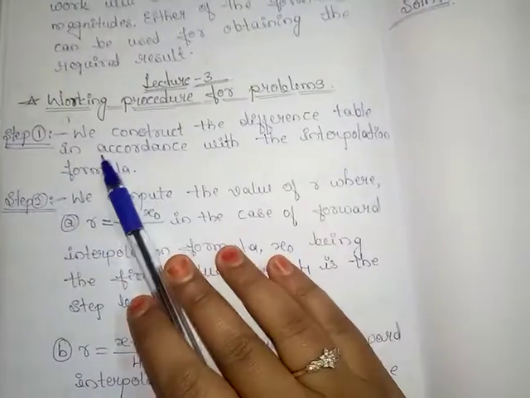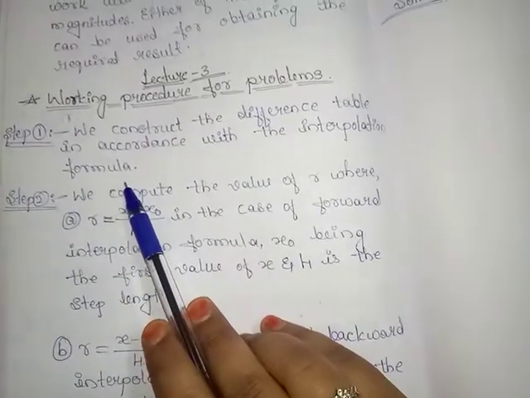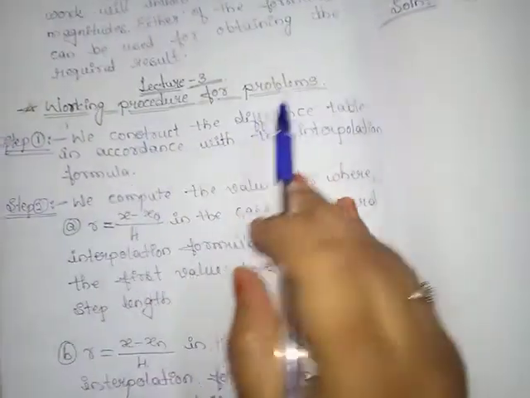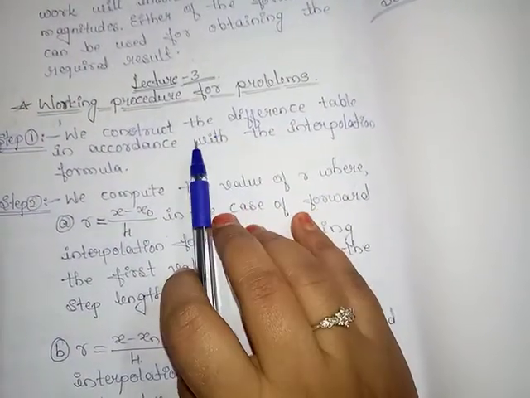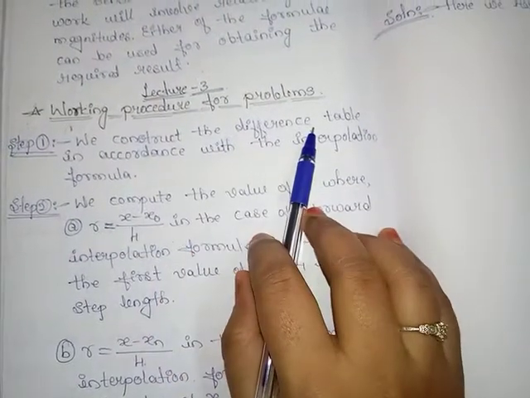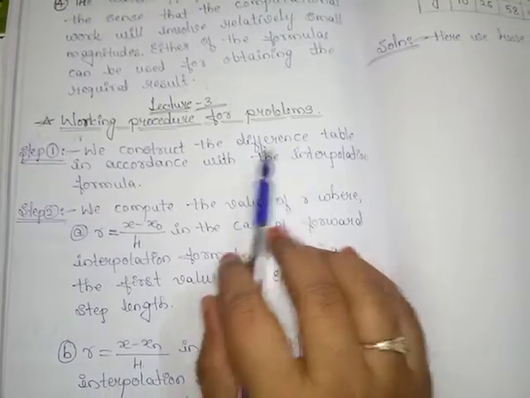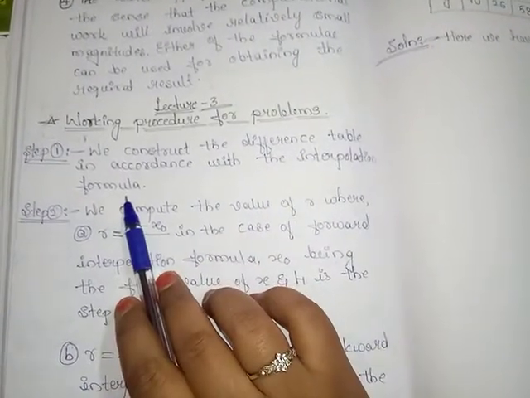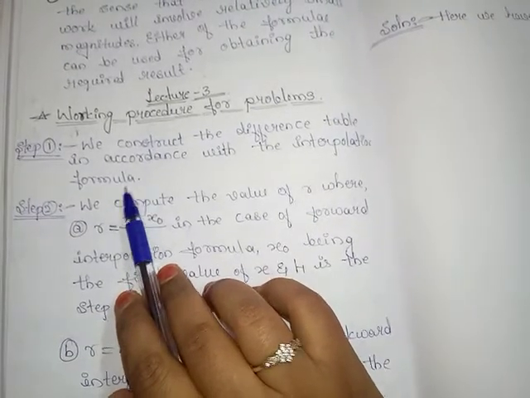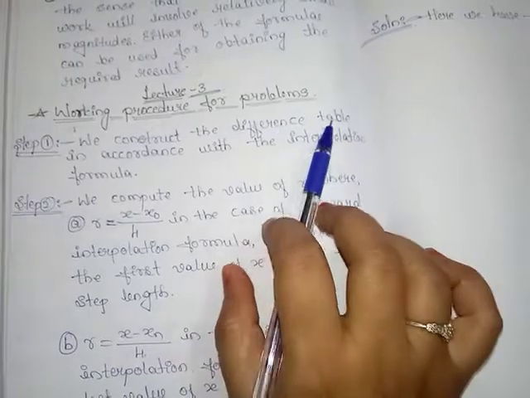Step 1. We construct the difference table in accordance with the interpolation formula. Means first we have to construct the difference table, and also we have to observe which interpolation formula is applicable here, right? You know how to construct the difference table.